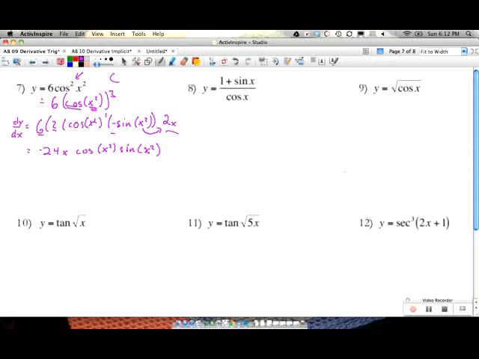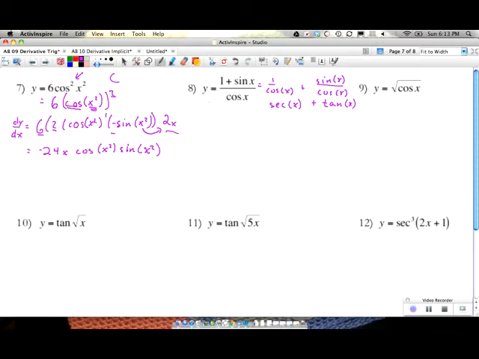Okay. For this next one, I didn't do it this way in class, but I'm seeing something. I'm seeing, in my head, 1 over cosine of x plus sine of x over cosine of x, which is really secant of x plus tangent of x.